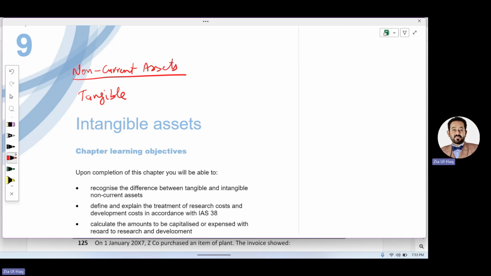Tangibles we have covered in previous chapters: plant and machinery, land and building, motor vehicle, furniture and fixtures. Now let's discuss intangible assets. What are intangible assets?